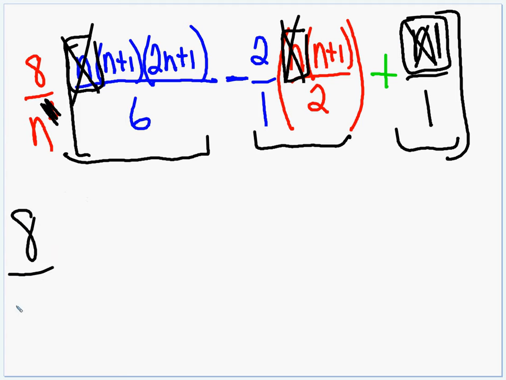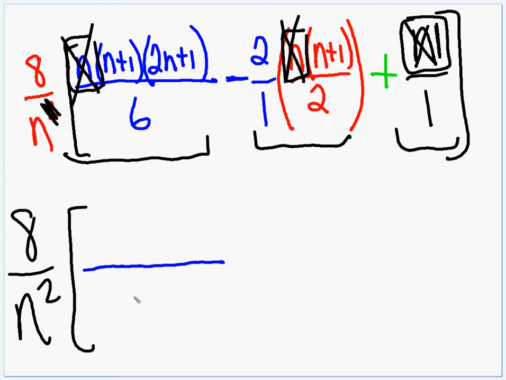So what we have now is 8 over n squared, and that's going to make our algebra in the brackets a little easier. Our first term here, I'll stick with the blue ink. Denominator is 6, and we're going to FOIL out that numerator. That's going to be a 2n squared plus n plus 3n plus 1. And then on the next term, I'll go back to red ink, minus.